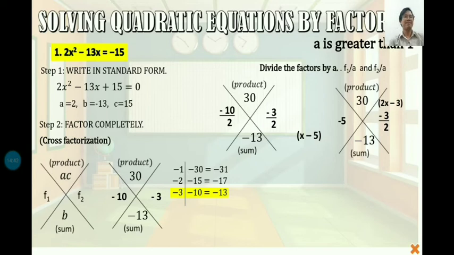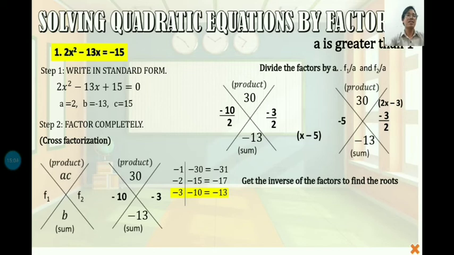And then, from these factors, we can equate them to 0 and solve the linear equations in order to get the value of x. Or simply get the inverse of the factors to find the roots.